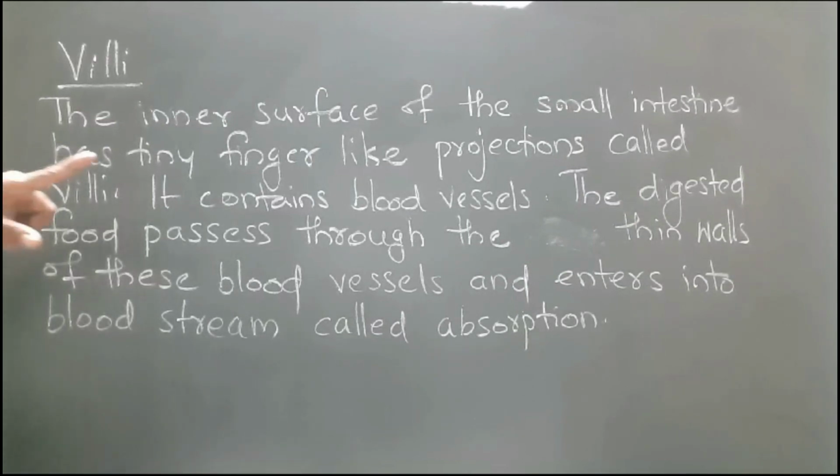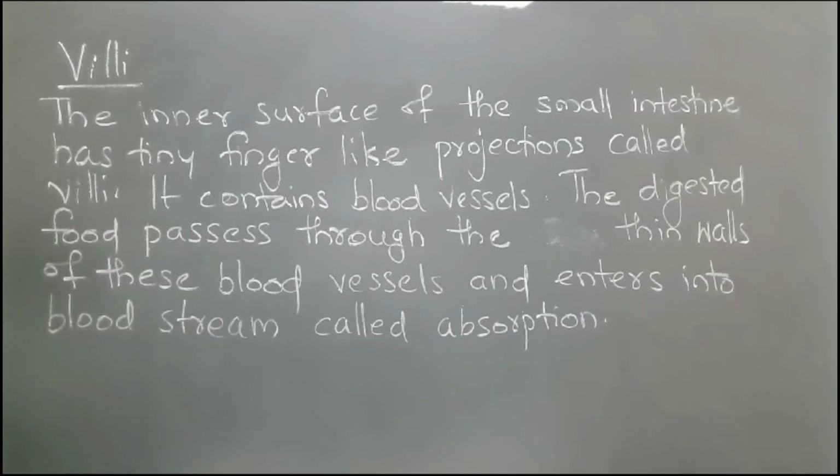The inner surface of the small intestine has tiny finger-like projections called villi. These villi contain blood vessels. The digested food passes through the thin walls of these blood vessels and enters into the bloodstream, called absorption.